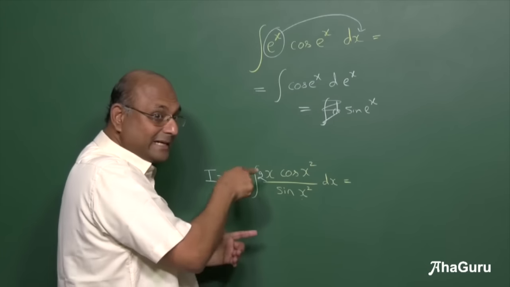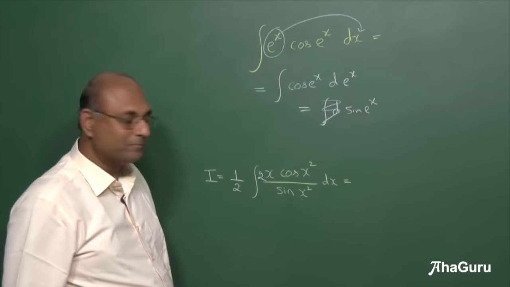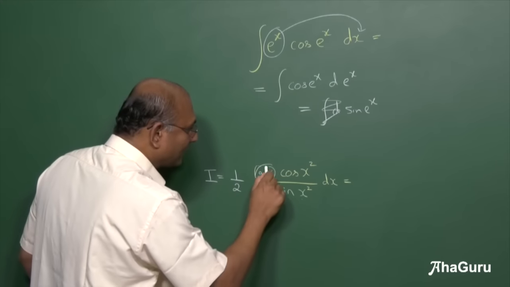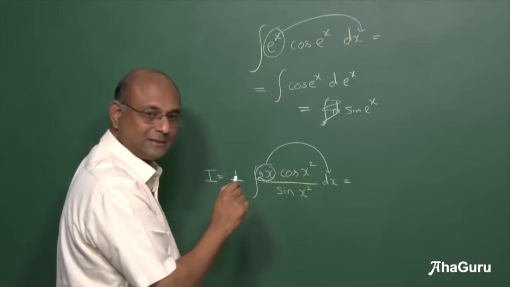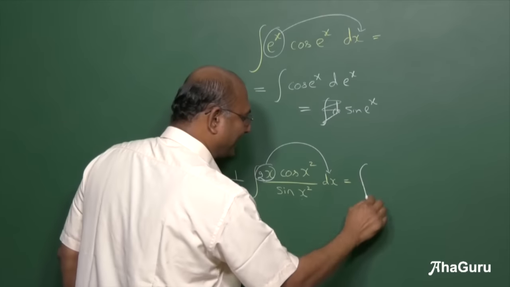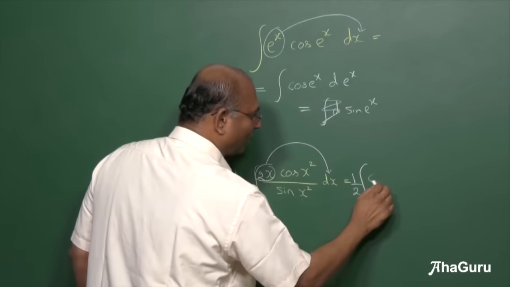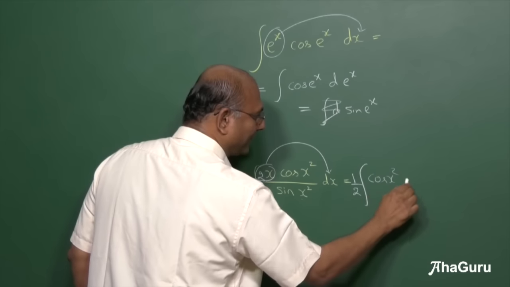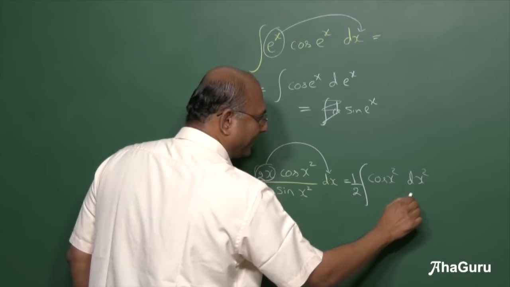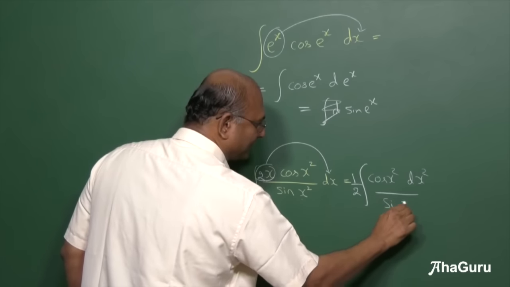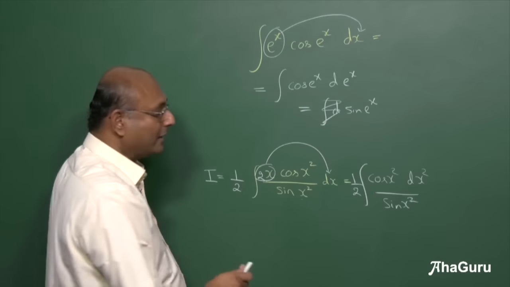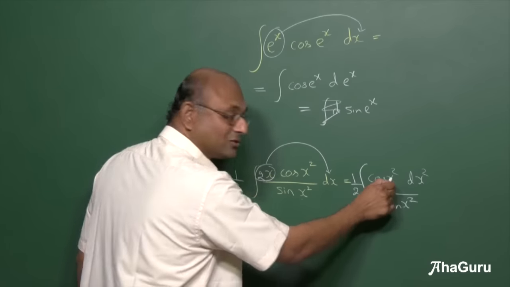Notice I have not changed anything. I put a 2 there and I divided by 2. Okay, 2x goes inside the d, becomes d of x square. So let me write that here. The half is still there as it is. So this is cos of x square dx square, sine of x square in the denominator. Now can you see this is x square, this is x square.